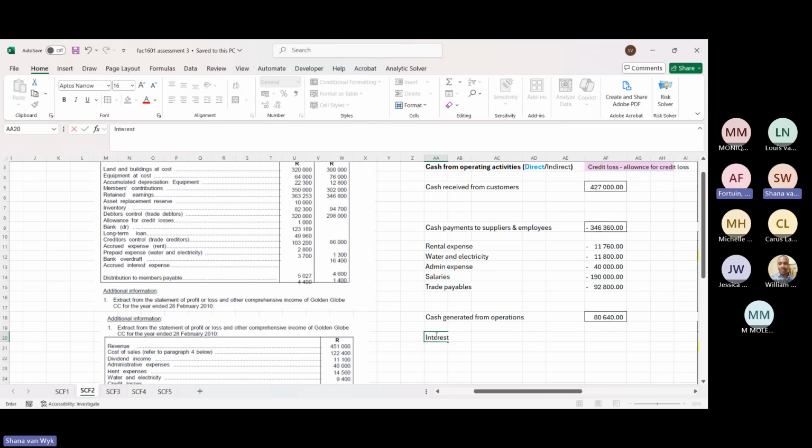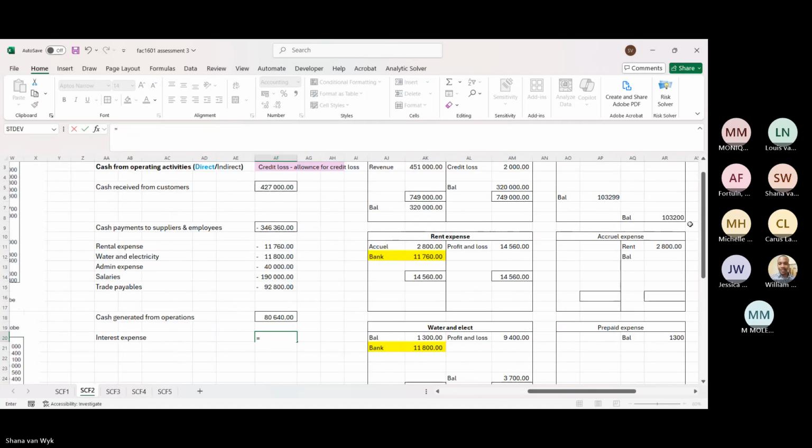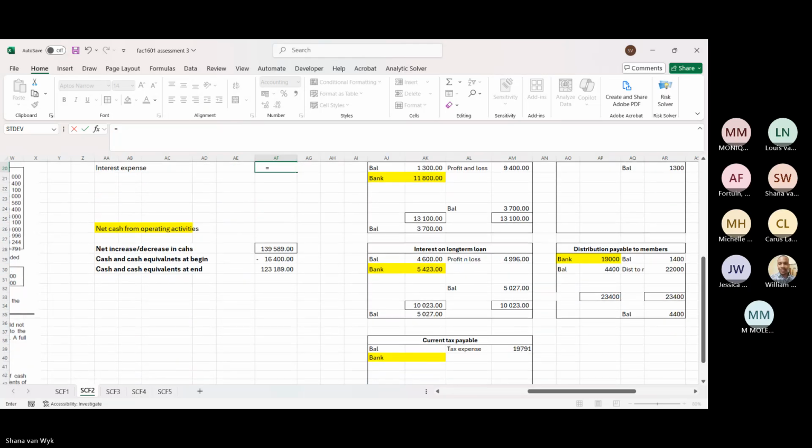So you can put the interest and the distribution. I think it's only these three.